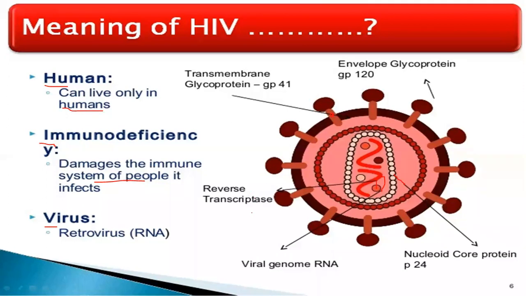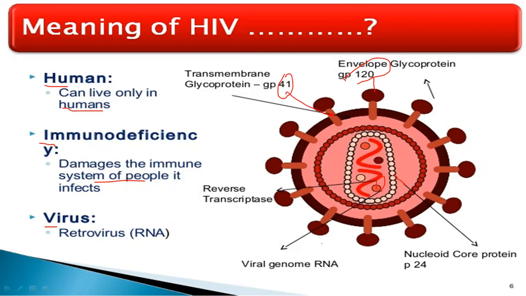You just see the structure of that once again, that this is a circular globular structure. It has an envelope with glycoprotein 120, that is this head, and the tail of this glycoprotein is made up of GP41, means glycoprotein 41, this one.